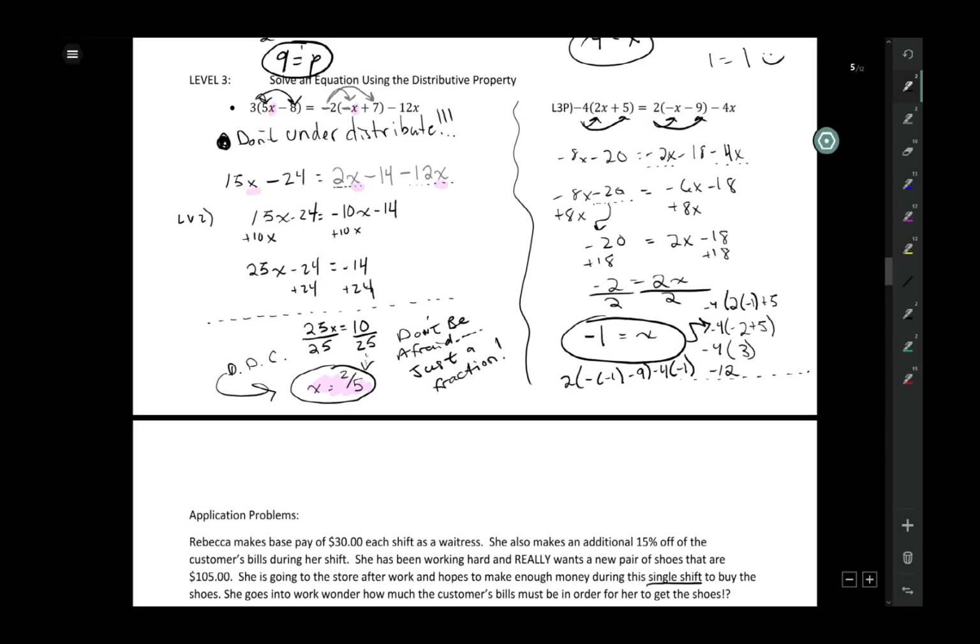Minus 9 is negative 8. Times 2. Plus 4. 16 plus 4. I mixed up a negative here, didn't I? I believe so. Equals 20.